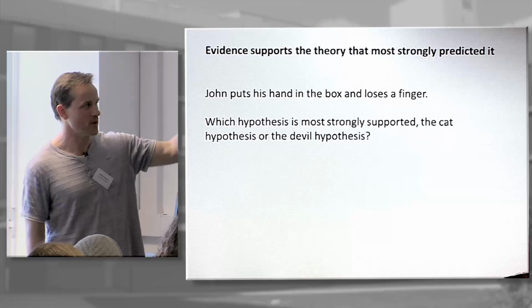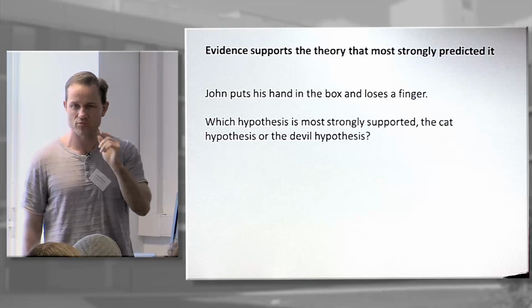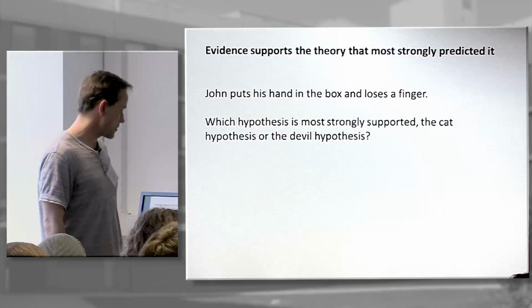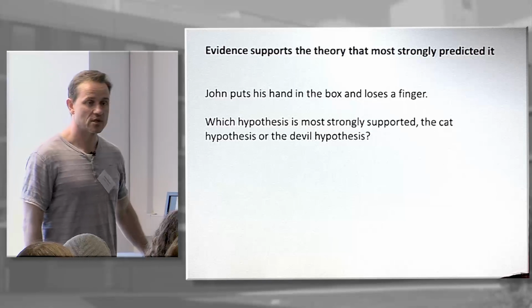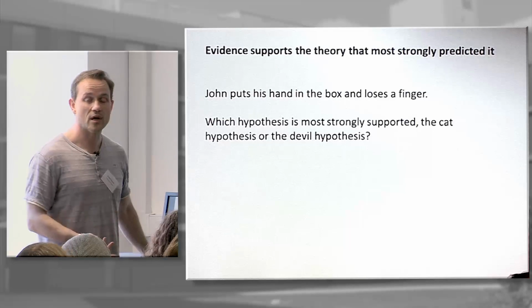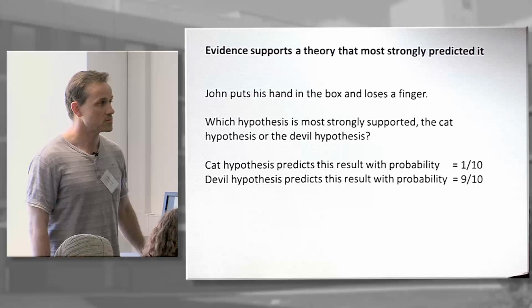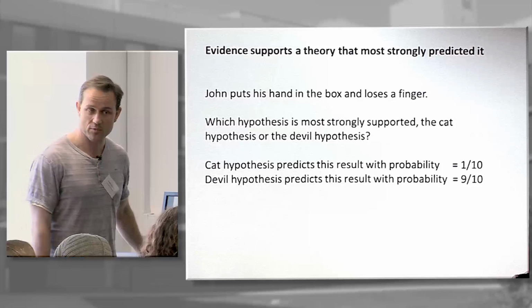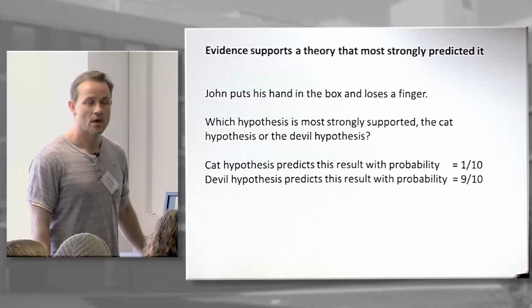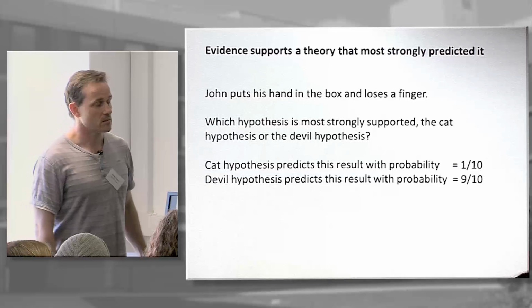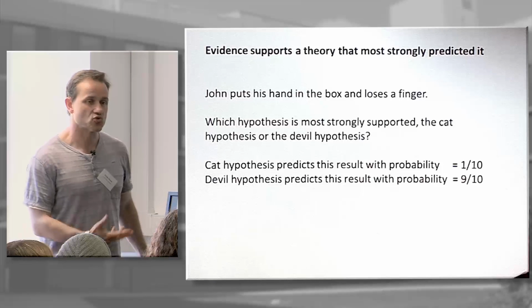So just bearing in mind, evidence supports the theory that most strongly predicted it. That particular outcome is predicted with a probability of 0.9 with the devil hypothesis, 0.1 with the cat. So it supports the devil hypothesis more, right? And let's say we wanted to express how strong the evidence is.